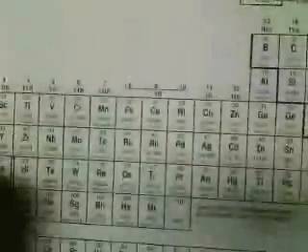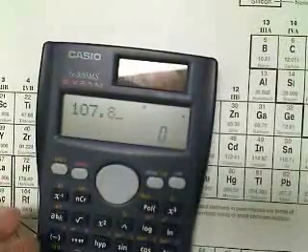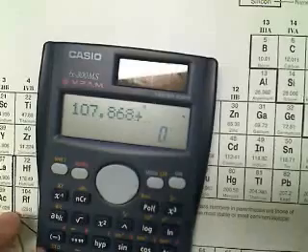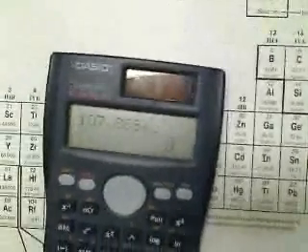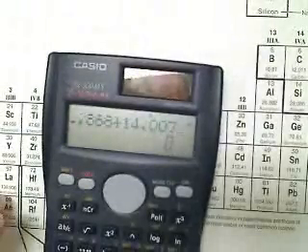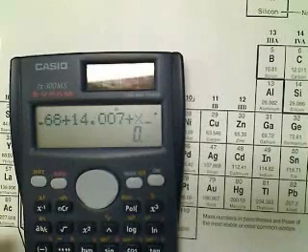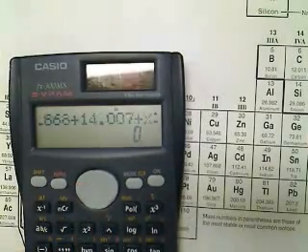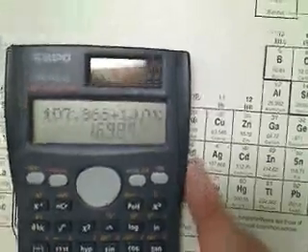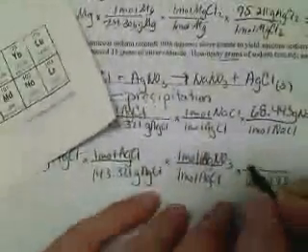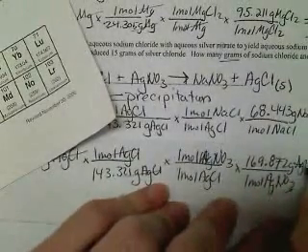So silver, 107.868 plus nitrogen, 14.007 plus, how many oxygens? We have 3, so 3 times 15.999. 169.872 grams of AgNO3.